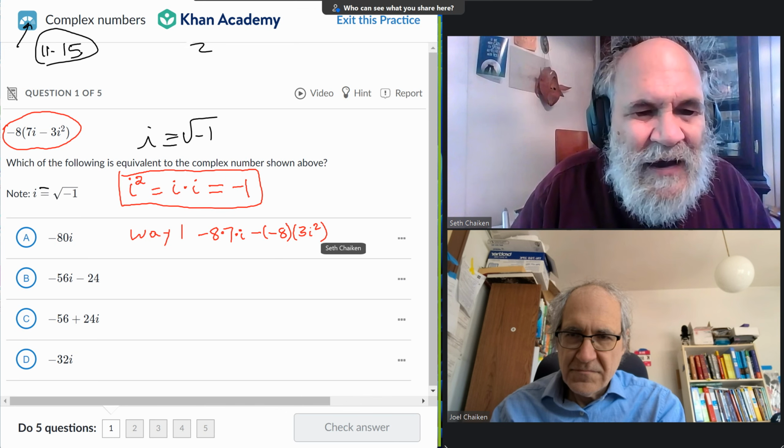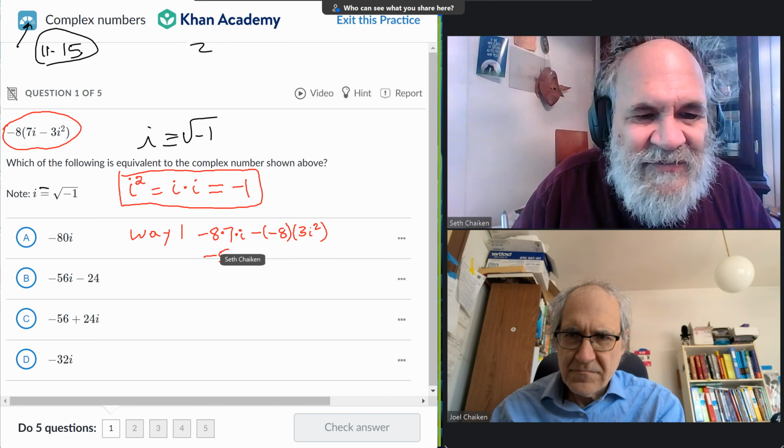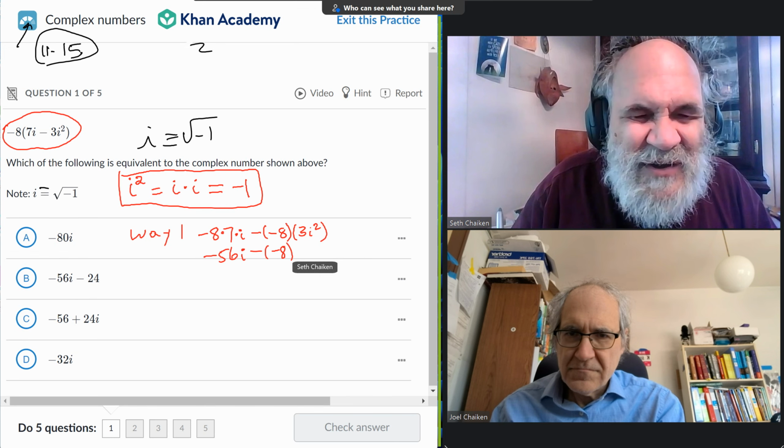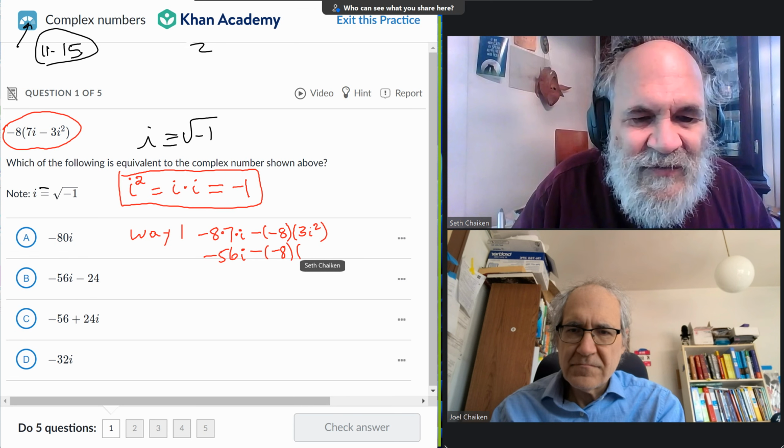Now, 8 times 7 is 56 with a minus, so this simplifies to -56i. And 3 times i squared simplifies to 3 times -1.